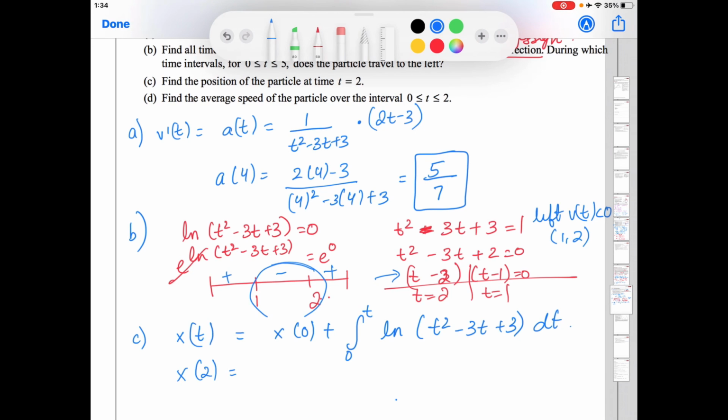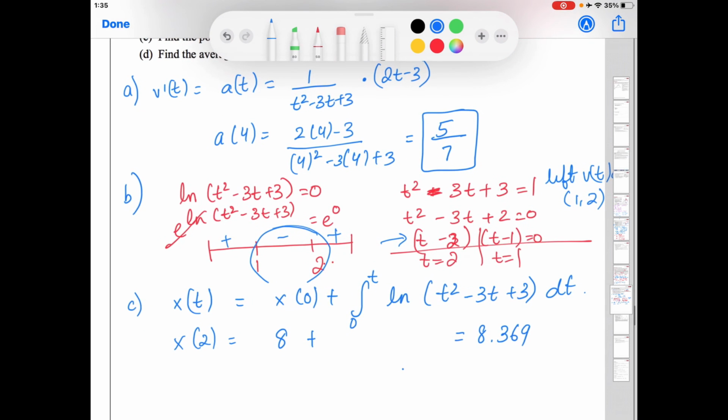So if I'm doing x of 2, my initial condition is 8, and you can put this in the calculator, because finding the integral would be a little challenging if you haven't really done that. So it will be 8.369. So the position of the particle at t equals 2 would be 8.369.